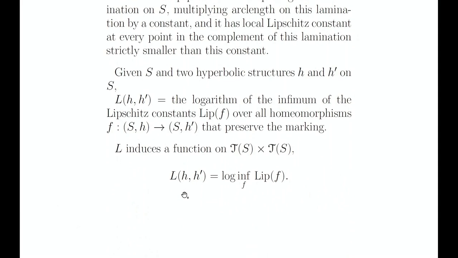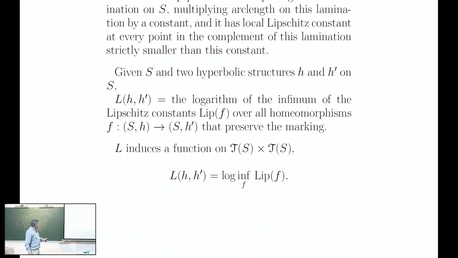Now, the Thurston metric. I have two hyperbolic surfaces on my topological surface S, together with the marking, and I declare the distance, the Thurston distance between the two hyperbolic structures, as the logarithm of the infimum of the Lipschitz constant over all homeomorphisms that preserve the marking. If you were concentrated on what I said, you understand all these words and this definition.